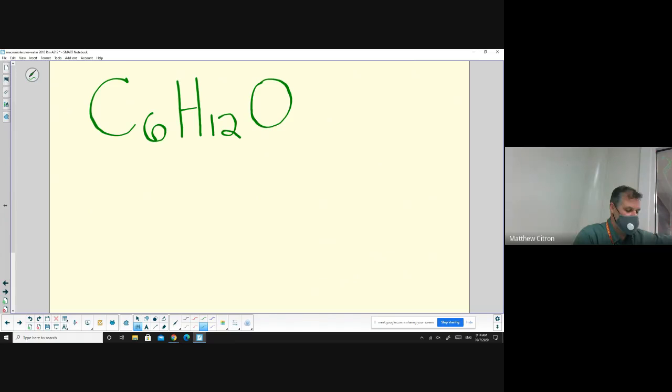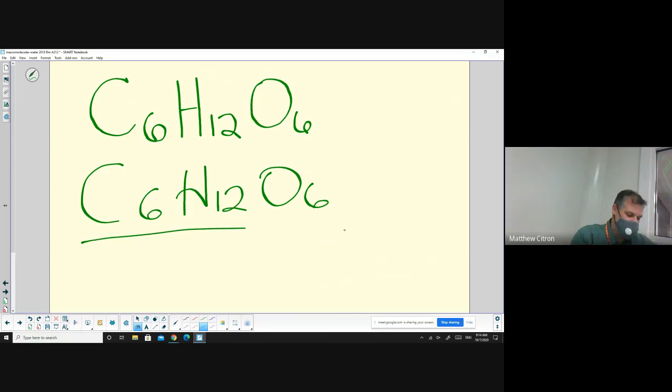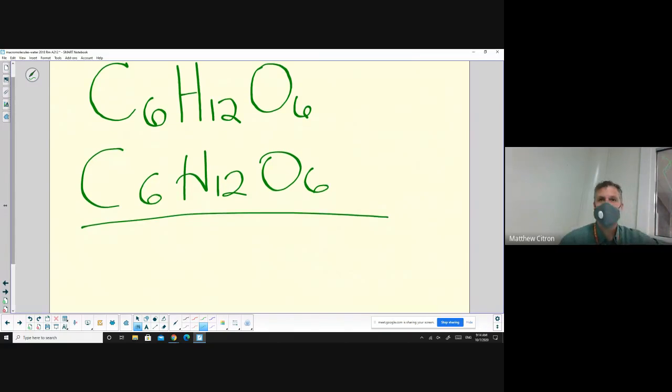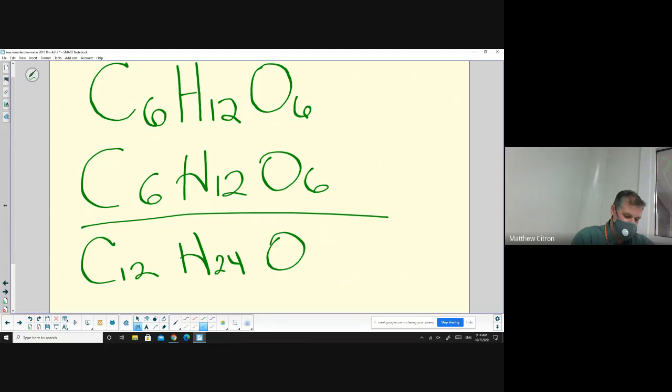That would be the simplest possible formula. I need the actual empirical formula. C6H12O6. That's correct. That's one monosaccharide. Everybody agree? I'm going to add another monosaccharide. Let's just add them together like they're variables: C12, H24, O12.